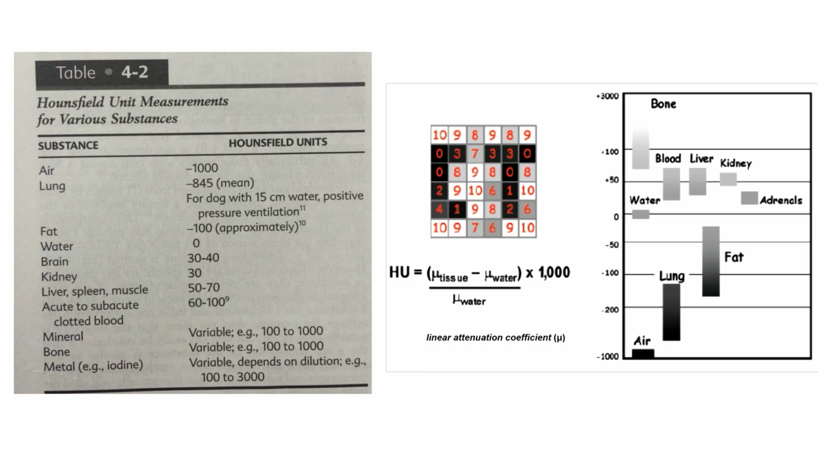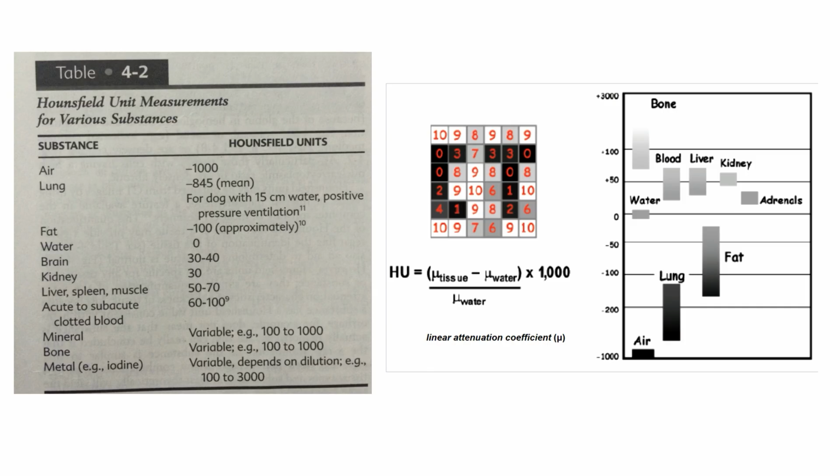Okay. How will you calculate this Hounsfield unit? The Hounsfield unit is calculated as the linear attenuation coefficient of tissue minus the linear attenuation coefficient of water, multiplied by 1000, divided by the linear attenuation coefficient of water.